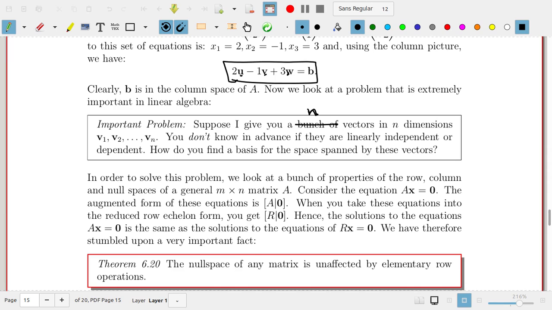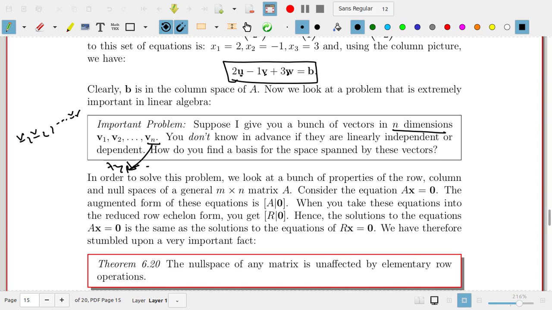Actually, it shouldn't be n vectors. This n is not necessarily the same as that n. So this should be v1, v2, through vr. This is a typo. The thing is, I don't know if they're linearly dependent or independent, and I need to find a basis spanned by these vectors.